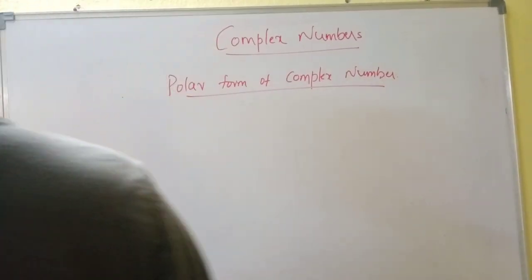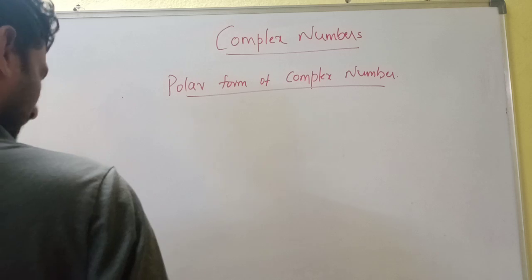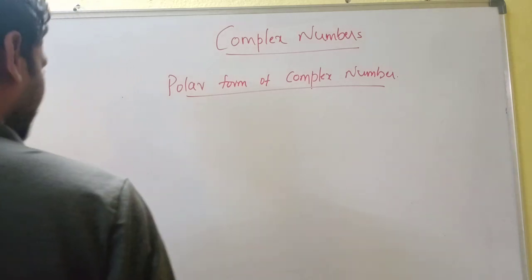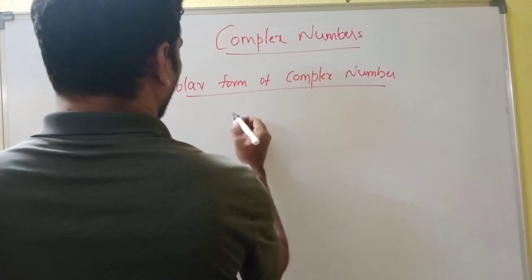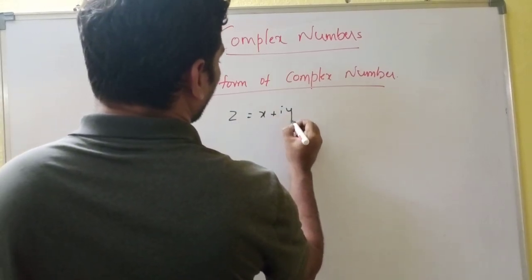So what is the formula, and how can we derive the polar form of a complex number? A complex number is z equals a plus ib, or z equals x plus iy.